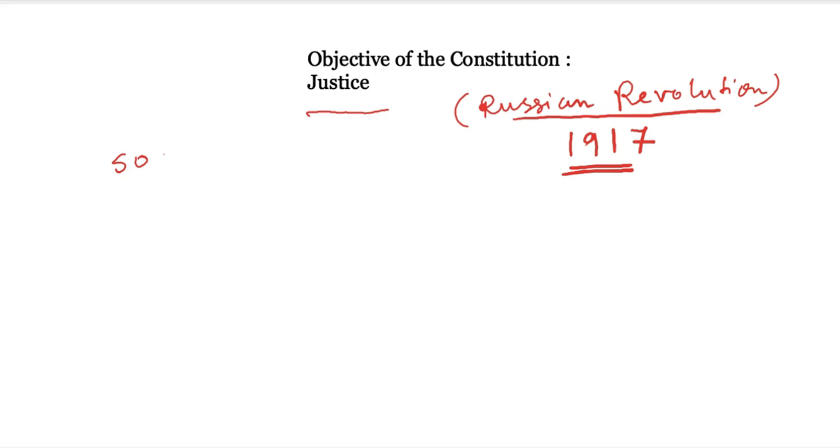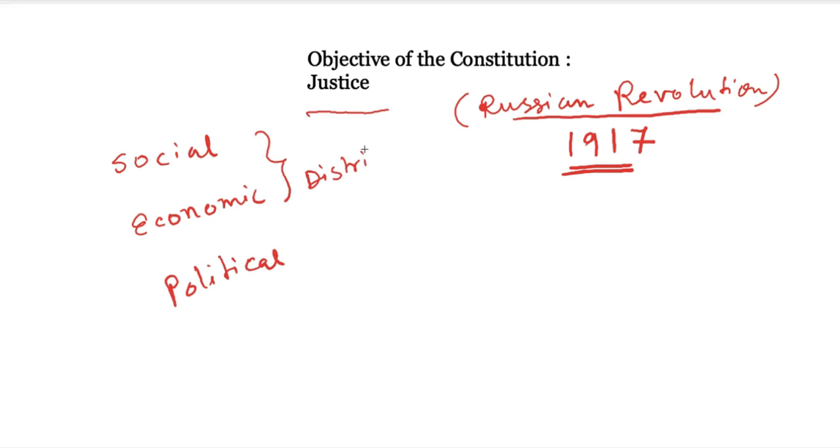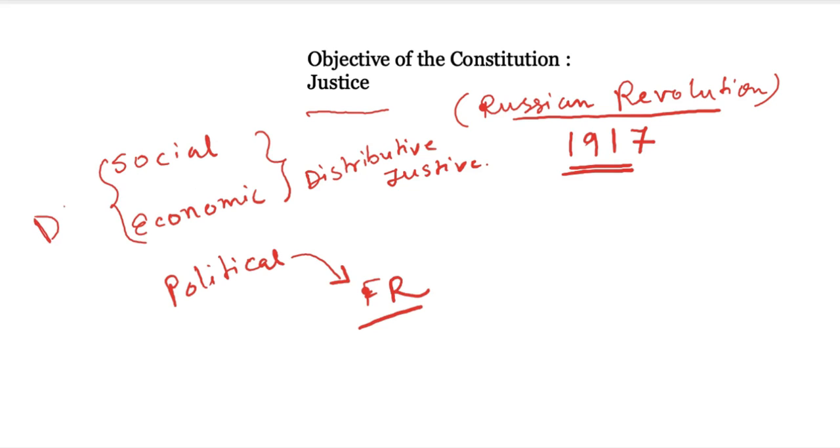It is social, economic, and political. Social and economic justice together are also called distributive justice. The political justice is ensured with fundamental rights that we will see later, and social and economic justice is with directive principles of state policy.